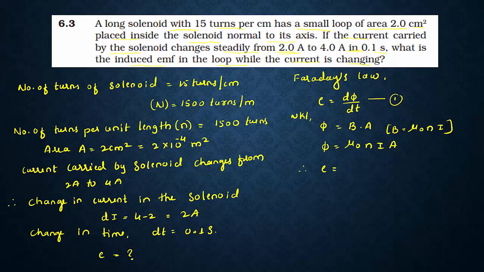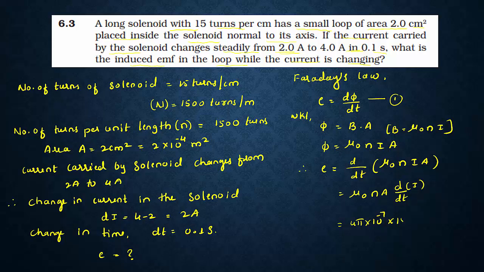Therefore, substitute in equation number 1, E equal to d by dt of mu naught n I A. Or we can write this as mu naught n A, keep as it is, these all are constant. Remaining is d by dt of I. Mu naught is the absolute permeability and its value is 4 pi into 10 raised to minus 7.